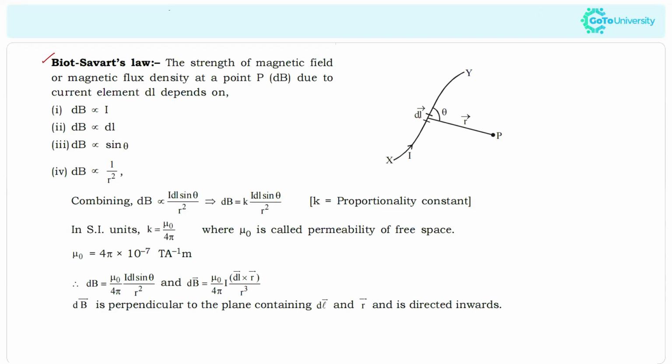Here we are going to calculate the magnetic field density, intensity, or the magnetic flux density as dB. So let us take a wire, and in that wire we are going to take the element dl. If the wire has length L xy, we are going to take a small portion of it.